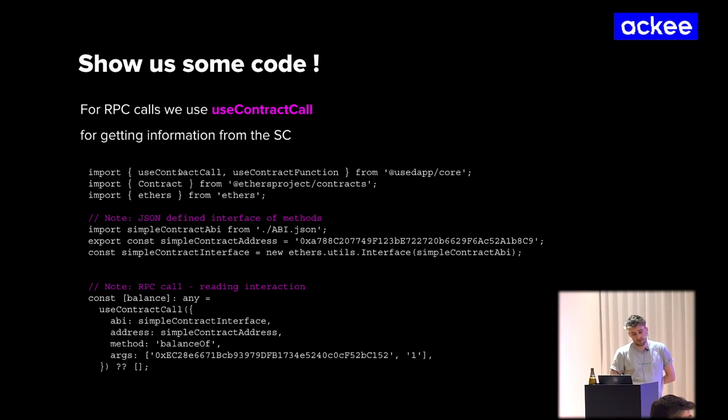It's useContractCall. It's for the RPC calls, like to get some data, and it's really simple. You have to give there some interface definition, the address where the smart contract is deployed, and then some name of the method you want to fire, and then some arguments.